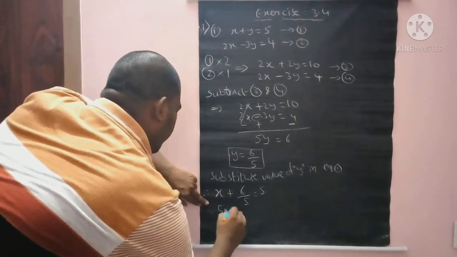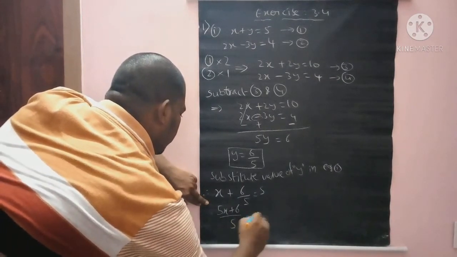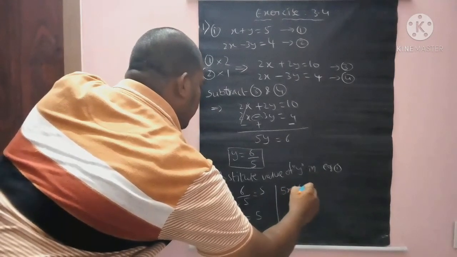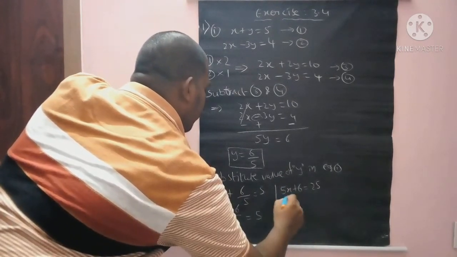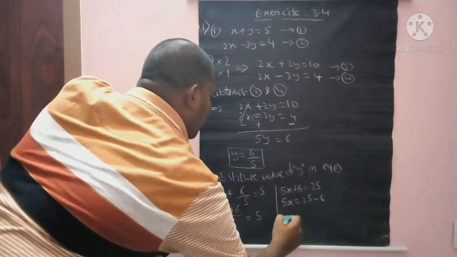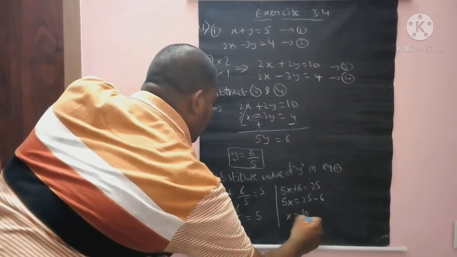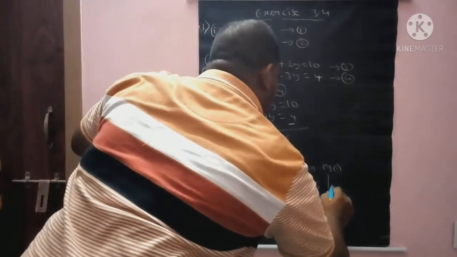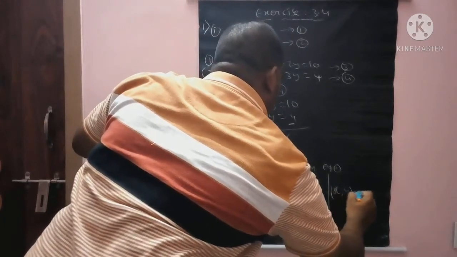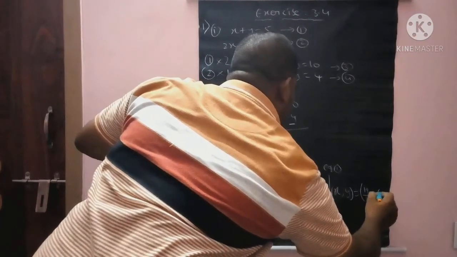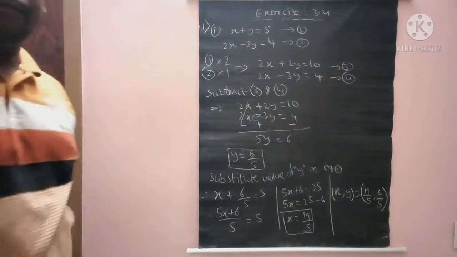If you take LCM, 5x plus 6 by 5 equals 5. 5x plus 6 equals 25. 5x equals 25 minus 6. x equals 19 by 5. So finally x comma y is 19 by 5 comma 6 by 5. So that's your solution.